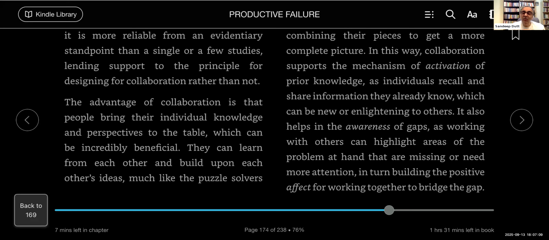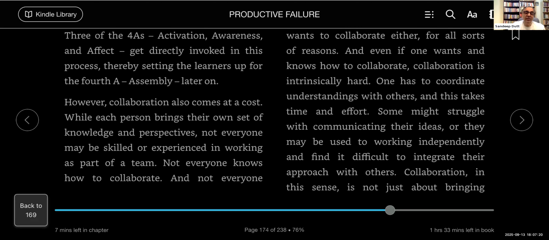In turn, building the positive effect for working together to bridge the gap. 3 of the A's: activation, awareness, and effect. Info in this process, thereby setting the learners up for the 4th A, assembly, later on.